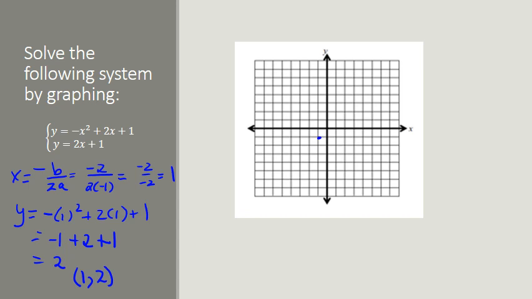It's going to open down. I'm going to go over 1 and down 1 on both sides, over 2 and down 4. And you can see we've already found our intersection. It's not a very good graph. Let me do that again.